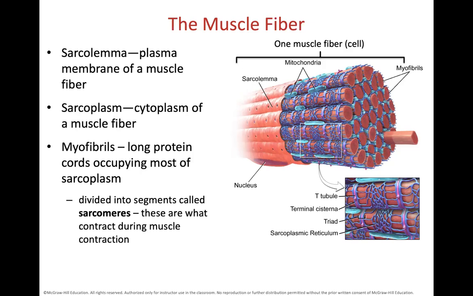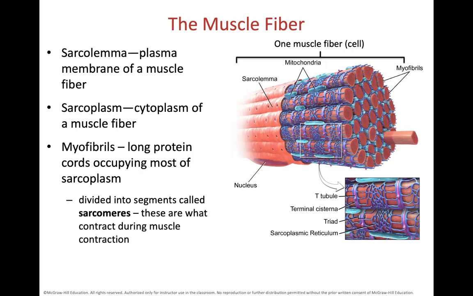This is a little bit repetitive, but it's probably not a bad thing to be a little repetitive in this part of the chapter, just to remind you of the different parts of these muscle cells. So myofibrils are these long protein cords, like I said, that are occupying most of the space within one cell. So here we have a bunch of myofibrils. Those are divided into those segments called sarcomeres.